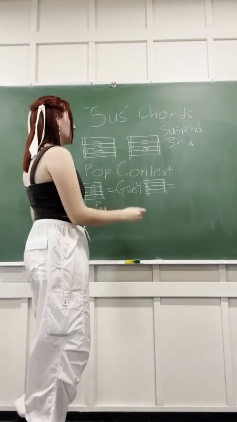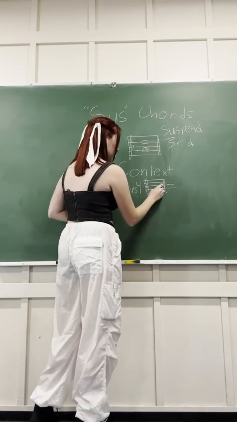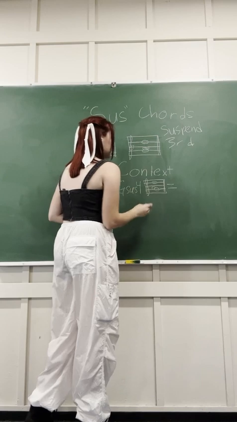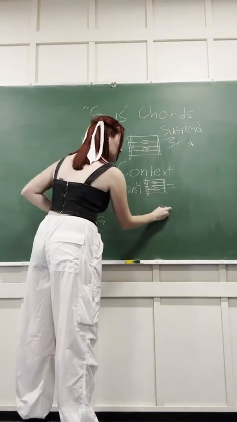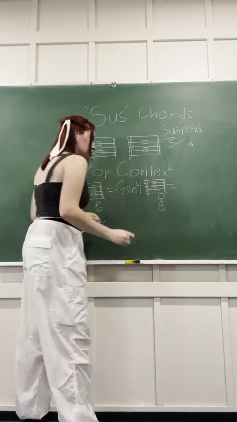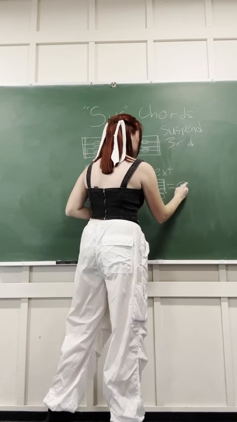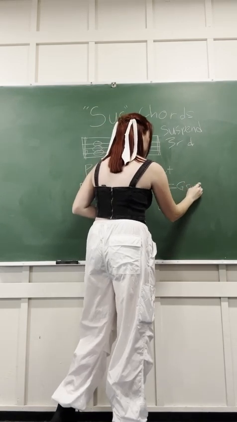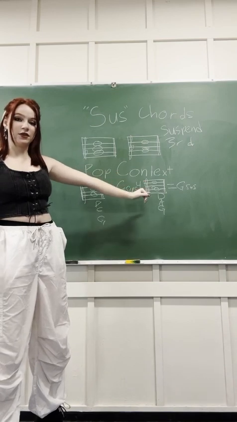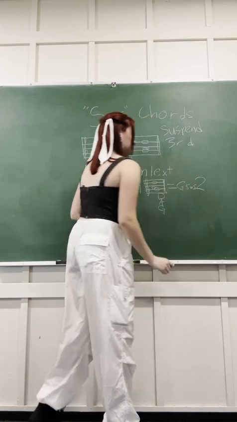Cool, sweet. But what if you wanted to do a chord something like that? Then you would write it, let's just do the same chord, like that. So you've got your G, your A, and a D, right? You would write this as G sus, and since your third is now sitting on the second, you're going to call it G sus 2.